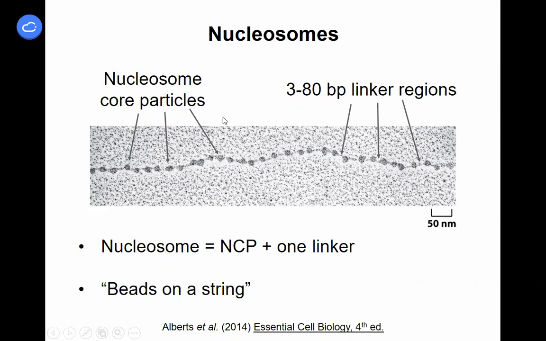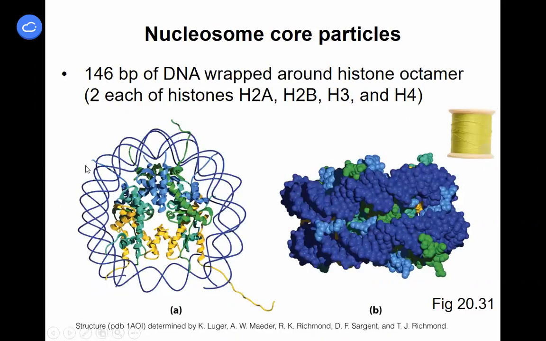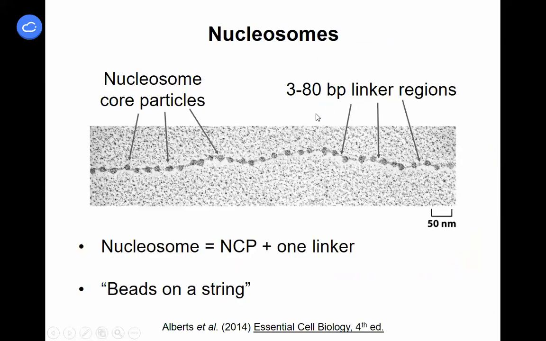Because you've got 146 base pairs wrapped around the nucleosome core particle, or the histone octamer itself. And then the approximate size of the linker, let's call it about 50. So you add 146 to 50, and you get a number that's approximately 200. So if someone stops you on the street and asks you that question, now you'll have a good answer.